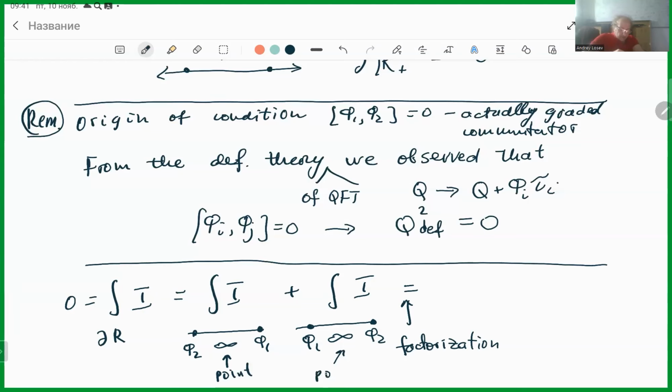And this is actually a point. So using factorization, it is the integral of I phi 2 composition integral of I phi 1 plus, so actual sign would be minus.